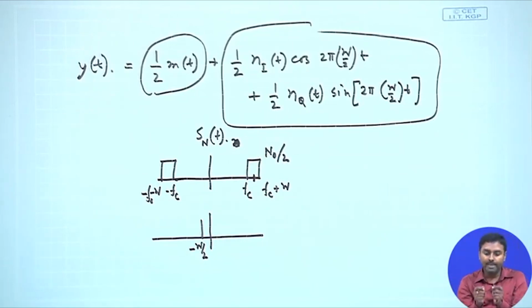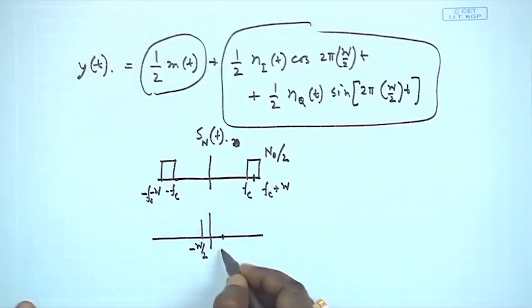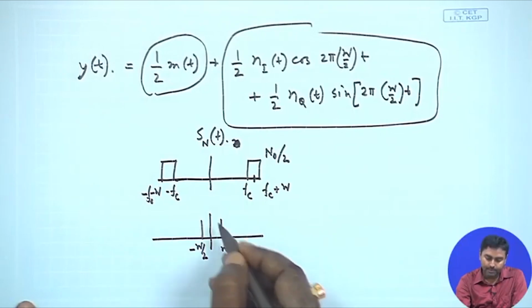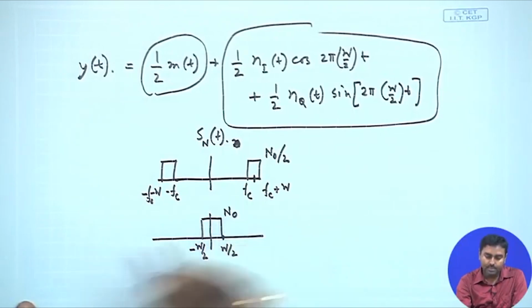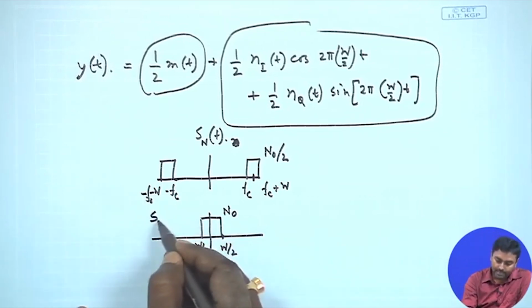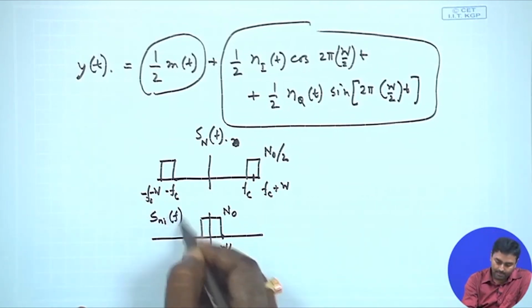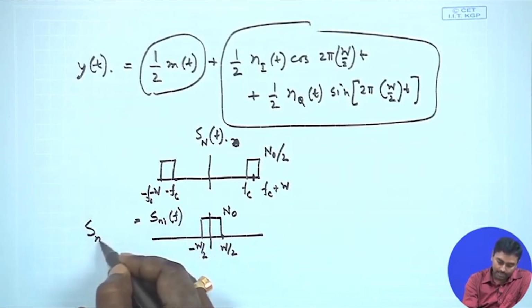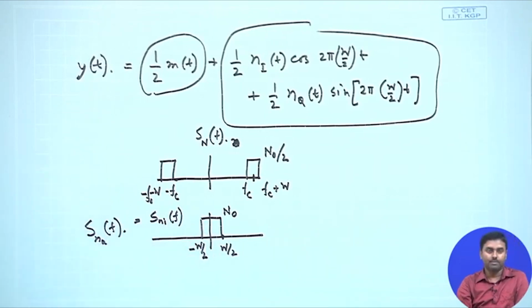So, it will be going from minus W by 2 to plus W by 2, unlike the previous one, and it goes up to N0, right, they get added. So, this is my SNIF or SNQF, both of them.